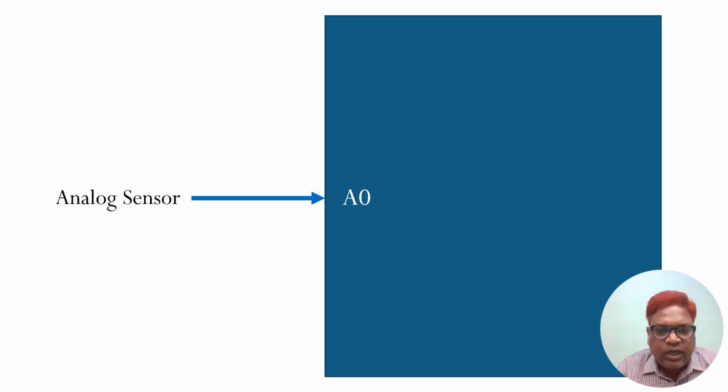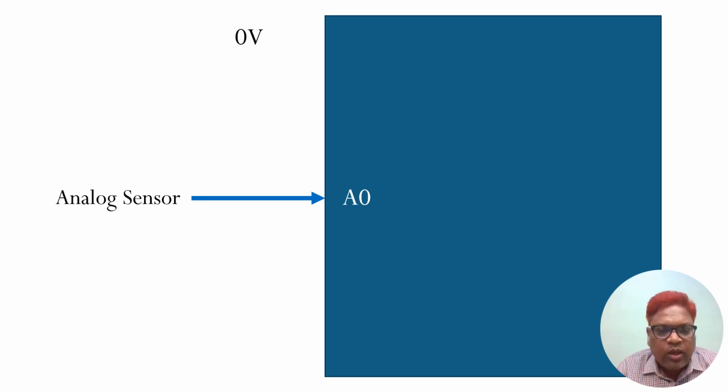Before going to discuss analogWrite, first we need to understand how the digital number or decimal number is generated. Let us consider an analog sensor connected on analog input A0.